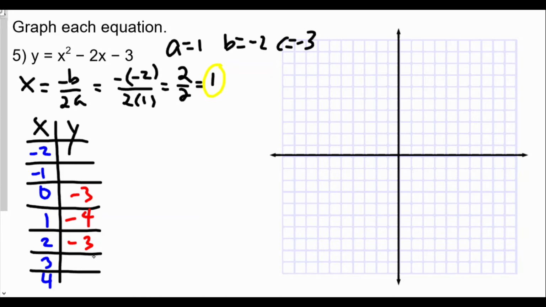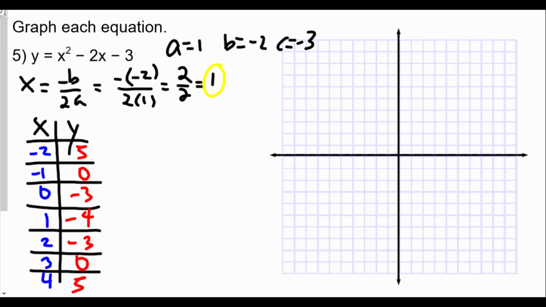If I plug in -1, I'll get the same value as plugging in 3. -1 squared is 1, and -2 times -1 is 2, so 1 plus 2 is 3, minus 3 is 0. So if this is 0, this should be 0 as well. Then -2 squared is 4, -2 times -2 is also 4, 4 plus 4 is 8, minus 3 is 5.